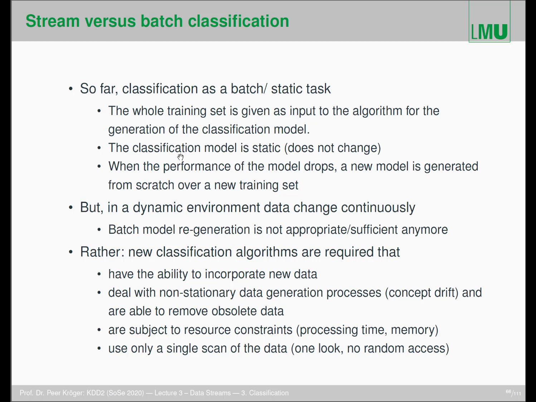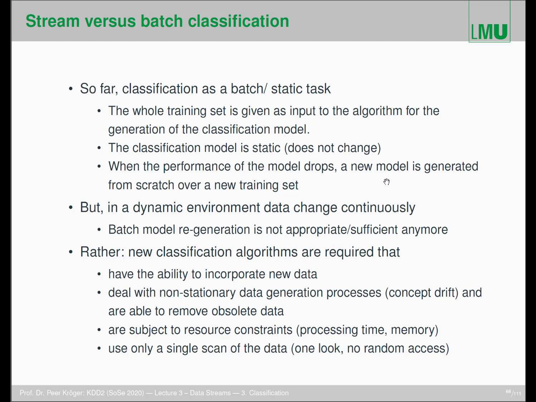The model itself is static, so it doesn't change, and when the performance of the model drops, we typically generate a new model from scratch over some new training set we have to determine after a given time period. Yeah, so this is the typical batch scenario, and we have to overcome these basically three limitations here.